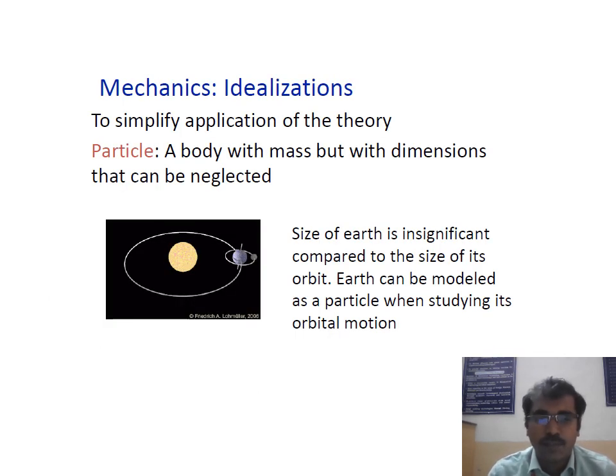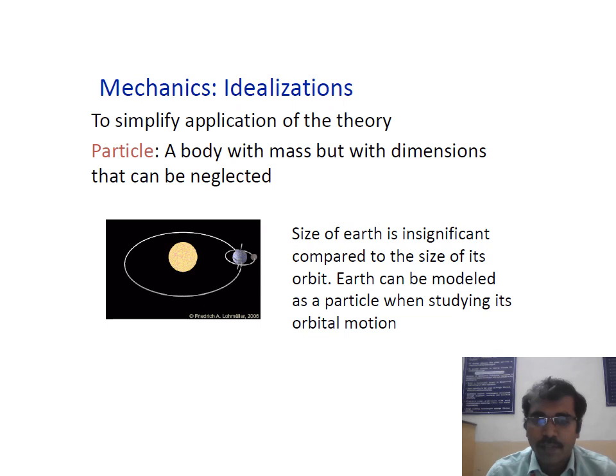Another idealization is a particle, which has no dimensions or negligible dimensions: a body with mass but with dimensions that can be neglected. For example, in the solar system, we have the earth.